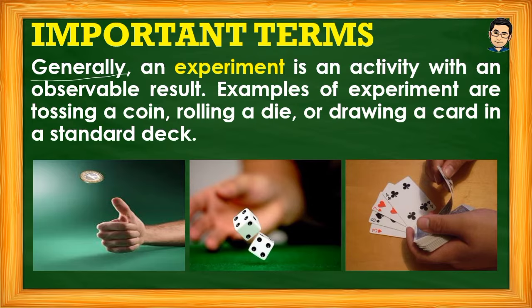Okay, so tossing a coin, makikita natin dyan, dalawa yung outcomes, head or tails. And then naman, rolling a die or rolling a pair of dice. So, meron po siyang 6 outcomes. And then, yung drawing a card in a standard deck. So, in standard deck, meron po siyang 52 cards. Hindi po kasama yung mga jokers.